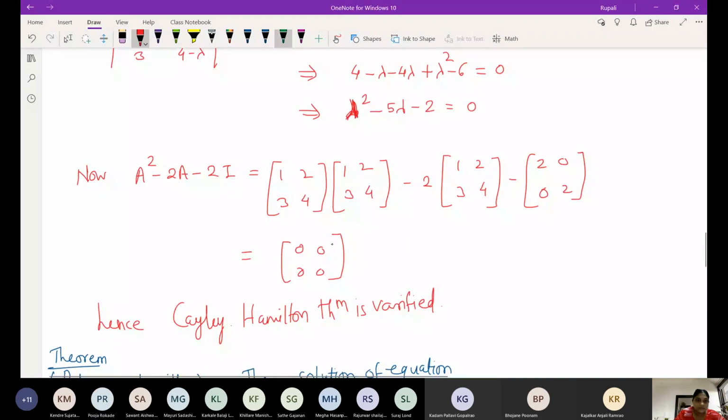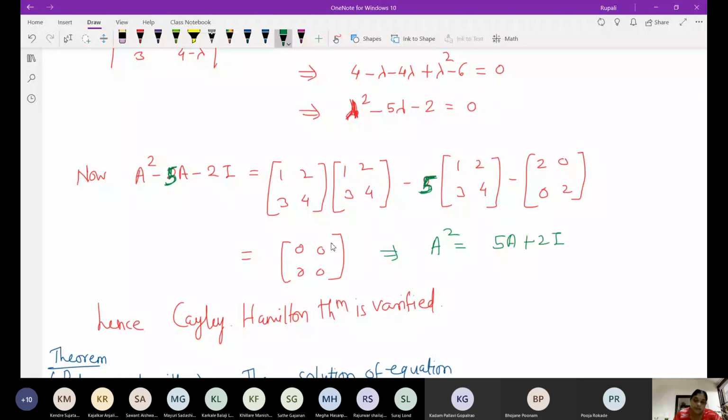Yes, it's 5, A square minus 5A. Okay, so from this I can write that A square is equal to 5A plus 2 times I.